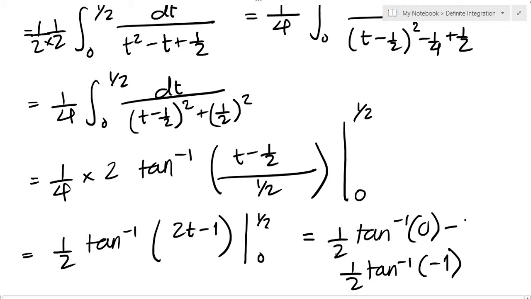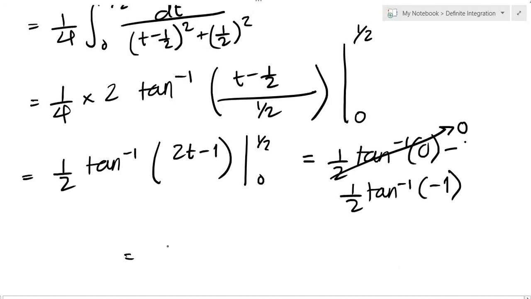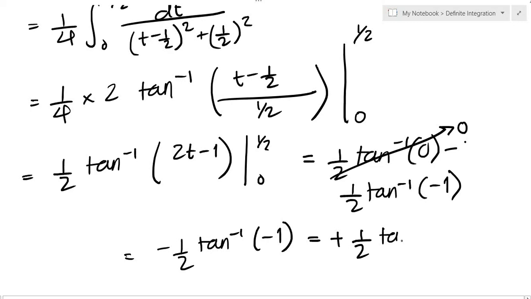Now tan inverse of 0 is 0, so this thing just goes to 1, and we have negative times half times the tan inverse of negative 1. Tan inverse of negative 1 is the negative of the tan inverse, so minus and minus become plus. Half tan inverse of 1. Tan inverse of 1 is pi by 4, then you have this half. Finally we have pi by 8 as the answer.